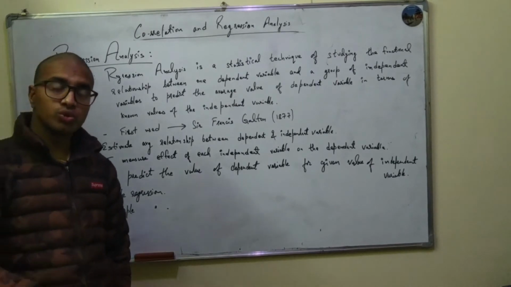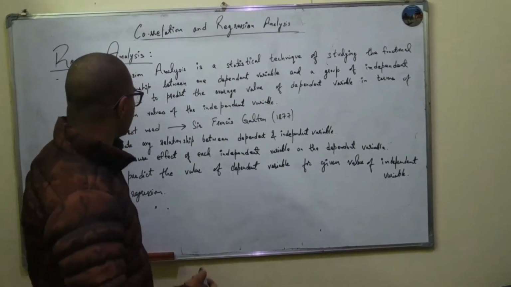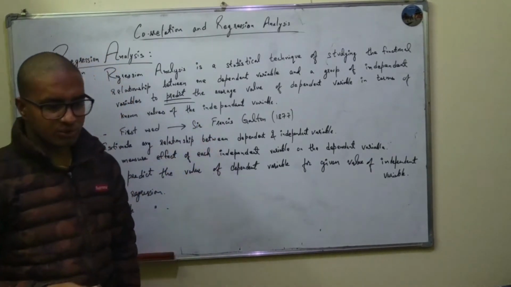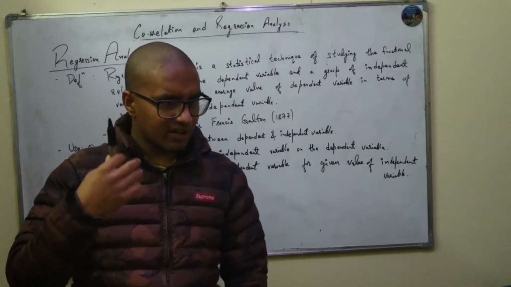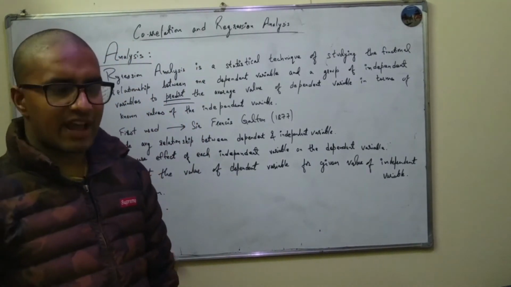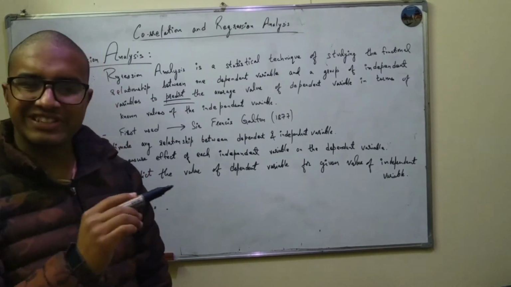So this is used to predict. You could even use this to predict a rough estimate of what your future values or the dependent values might be due to a twist in the independent variable.